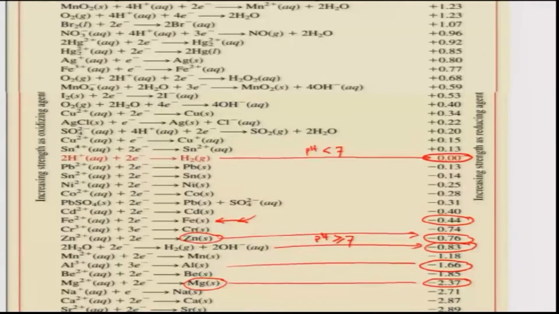This is the series where I can see which reaction is going to be a cathodic reaction and which is going to be an anodic reaction. But interestingly, this will not be able to tell a few things. For example, in most practical applications we have alloys, but this table will not be suitable for alloys, because there the activity of ions may not be 1, or the activity of the metal in the metallic part, since it is an alloy, may not be 1 also.